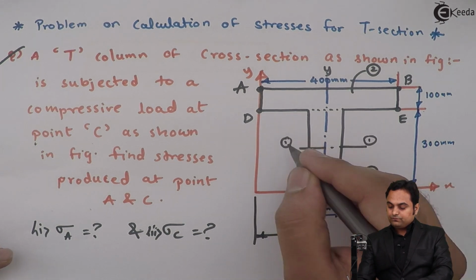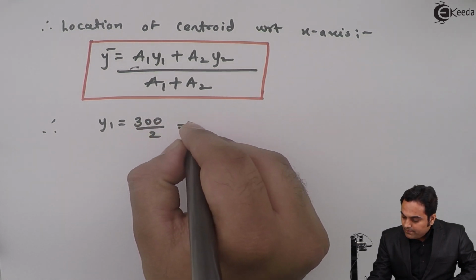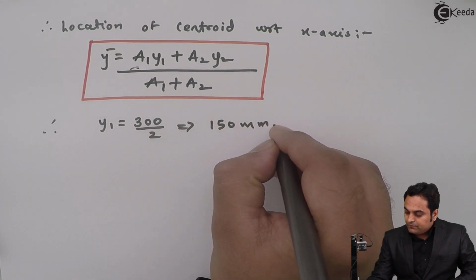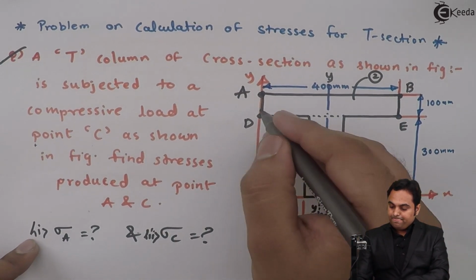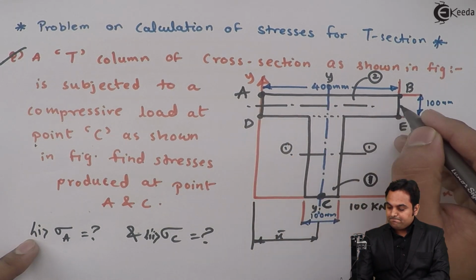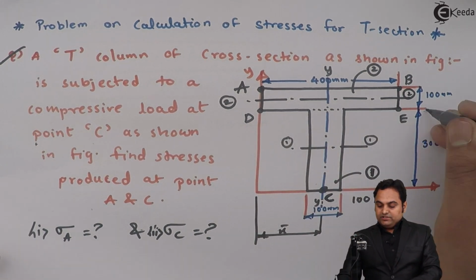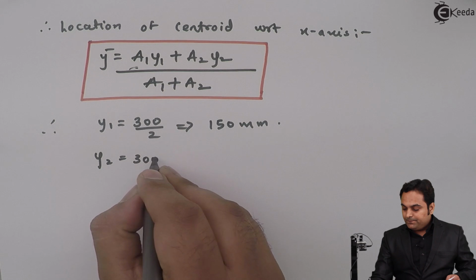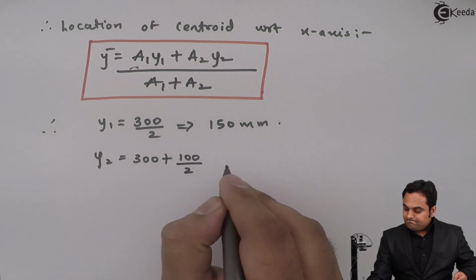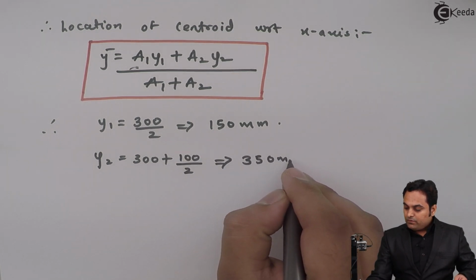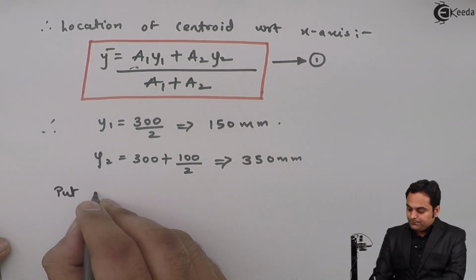So y1 is half of 300, that is 150 mm, and y2 will be the distance to the x-axis of the second rectangle. First of all there is 300 distance, so 300 plus half of 100, so this is 350 mm.